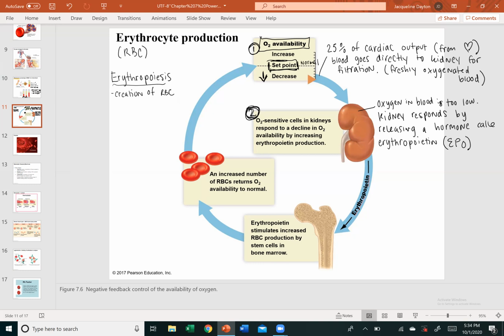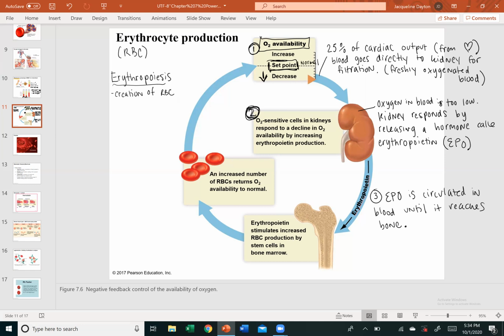Now, step number 3, that erythropoietin, or the EPO, is going to leave the kidney. It is going to enter into blood circulation, and it is going to be delivered directly to the bone marrow, okay? So EPO is circulated in the blood until it reaches the bone.